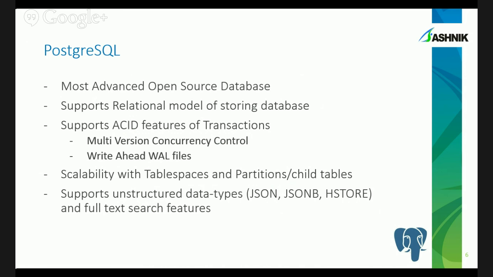It also has the concept of table spaces and partitioning, which allows you to scale vertically to a certain extent within the same server. It also supports a lot of modern-day data types like HStore, where you can store data in key-value pairs, or JSON, or the newly introduced JSONB data type, which allows you to store data in JSON format. It also supports full text search. So PostgreSQL in itself is quite feature rich.